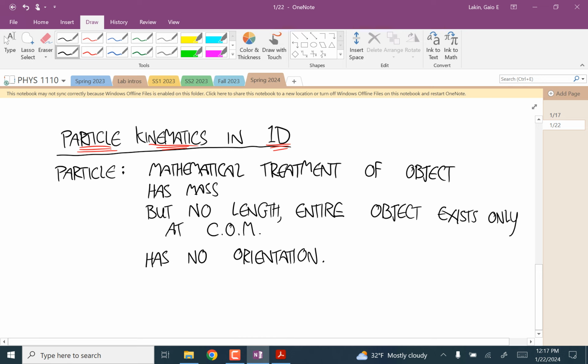So I think the best example of an object that is not tiny, that is regularly treated as a particle, is when people do calculations of gravitational effects, like planetary gravitation. They treat the planets as particles. Obviously, planets are gigantic things, but they don't care about the orientation of the planets.